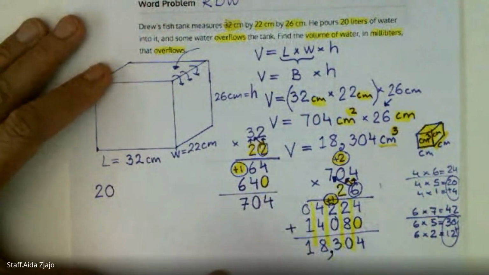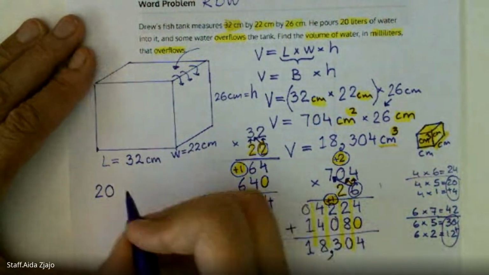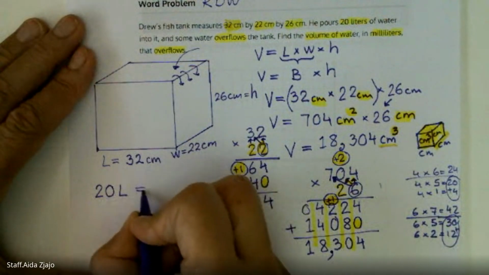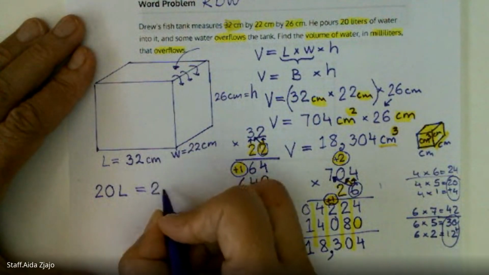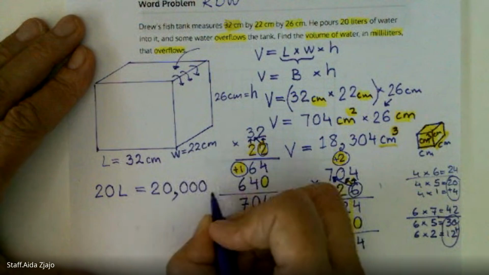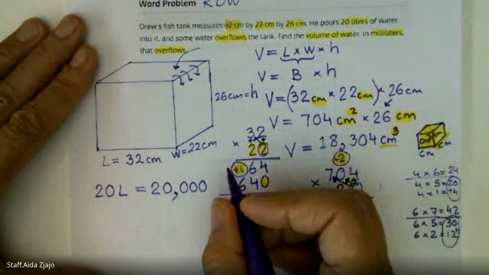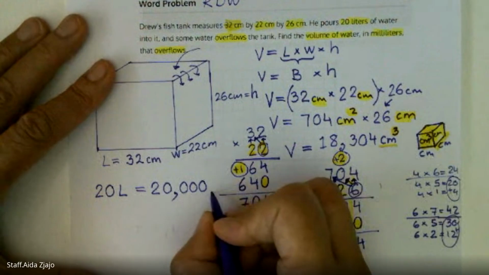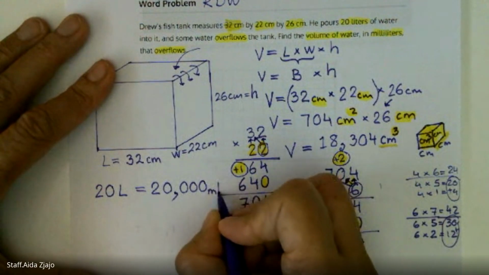1 liter has 1,000 milliliters. So 20 liters is 20,000 milliliters. Milli is 1,000, milliliters is ml.